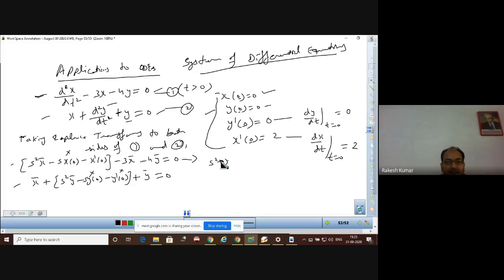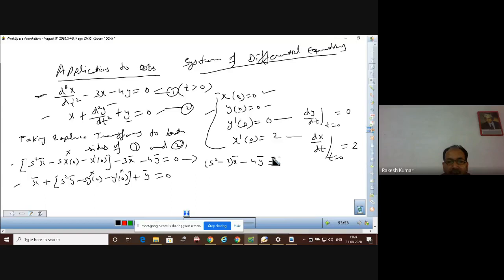First of all, let us find out the coefficients of x bar. Coefficient of x bar is this one. This is s square minus 3, into x bar, and minus of 4y bar is equal to x dash 0.